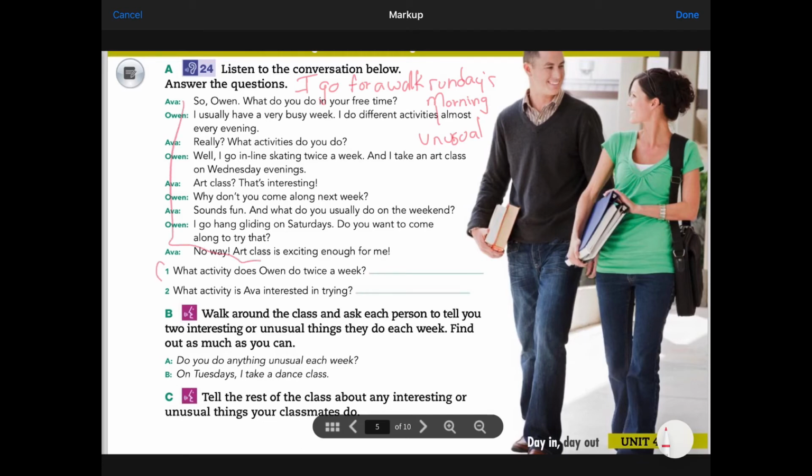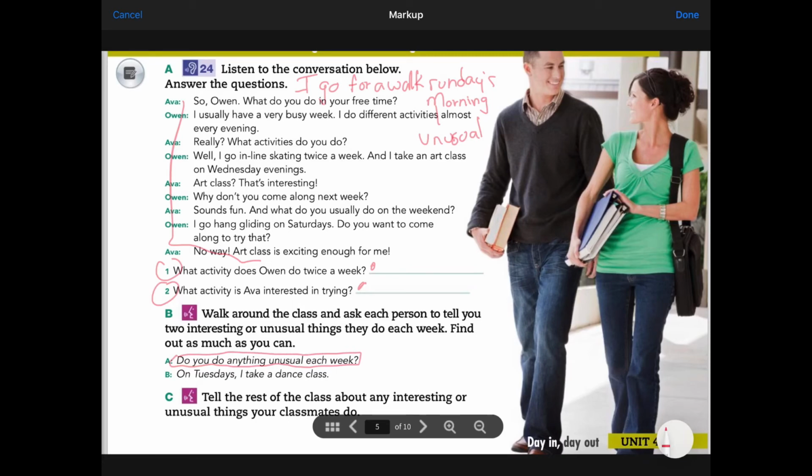Okay, so with this conversation, boys, you need to answer this question and this question. What activity does Owen do twice a week? And what activity is he interested in trying? Okay, so when you answer these two questions, then you have this question right here.